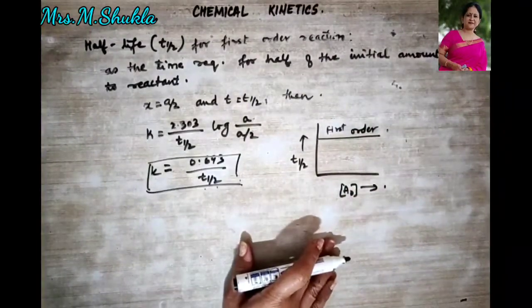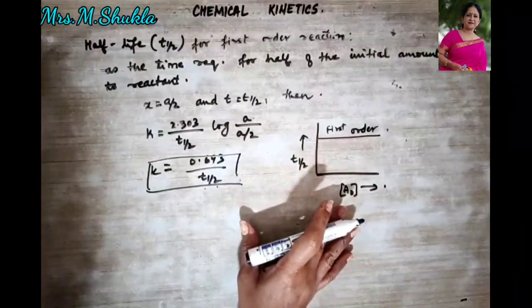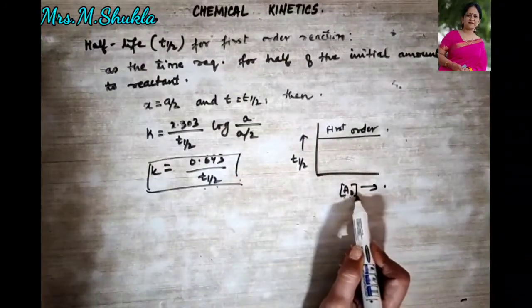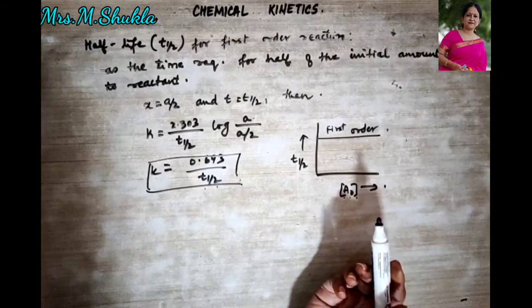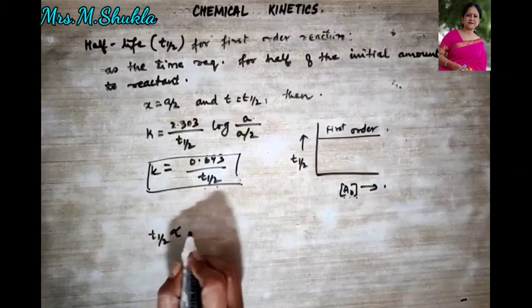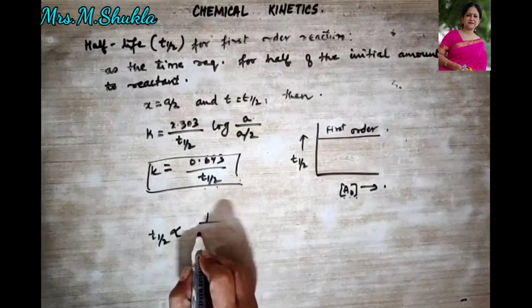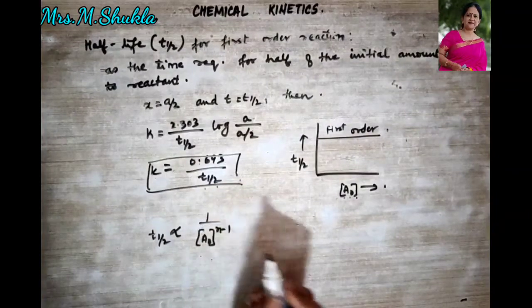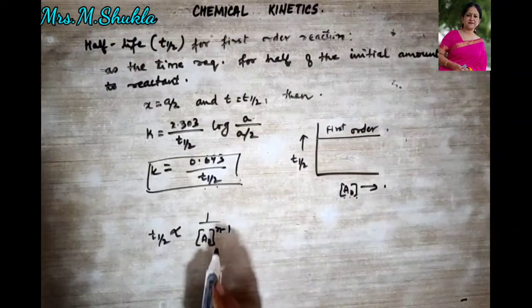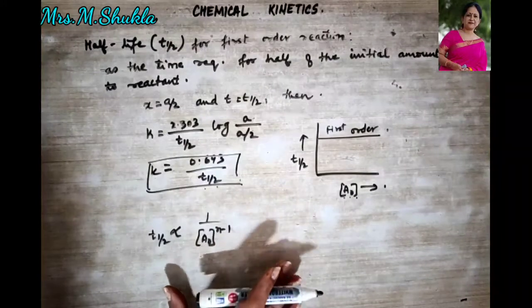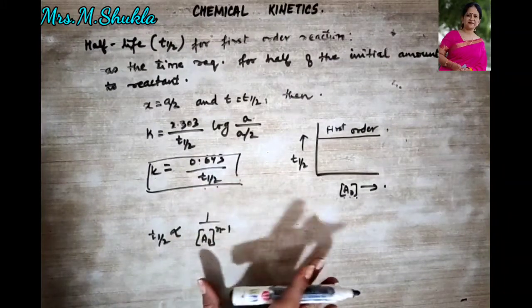Now remember that the half-life of a reaction depends on the initial concentration of the reactant, that is A naught. How? In this manner: half-life is directly proportional to 1 upon the initial concentration to the power n minus 1, where n is always the order of reaction. I hope this much is very clear about half-life.